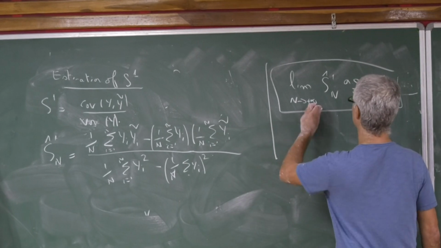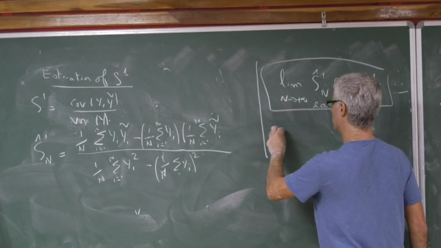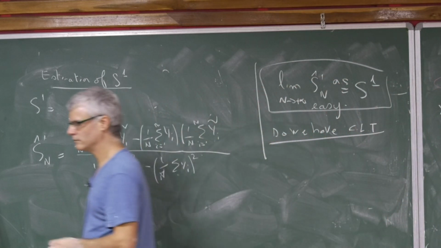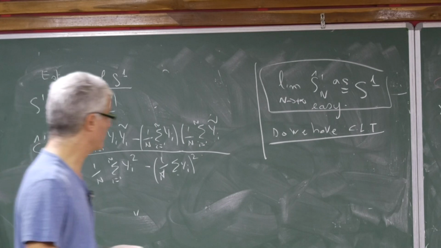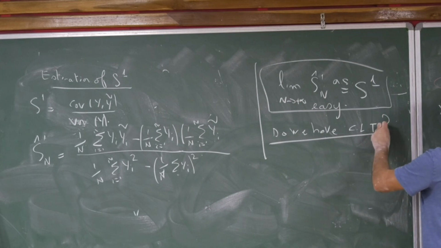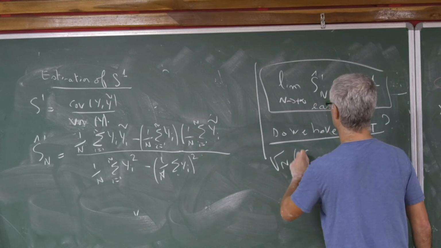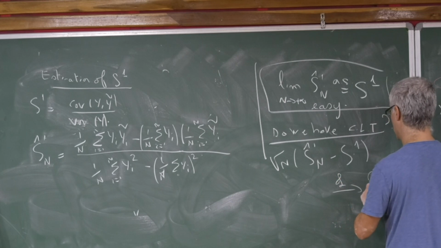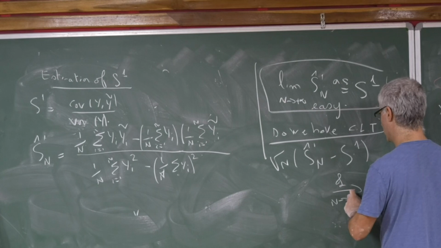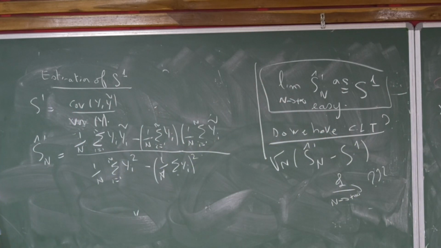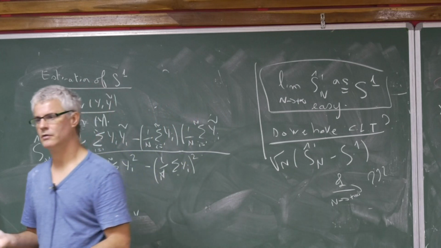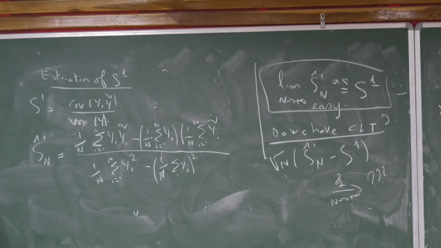Okay, so the question is, can I say that square root of n times (S hat minus S1) converges in law, and if yes, what is the limiting distribution?